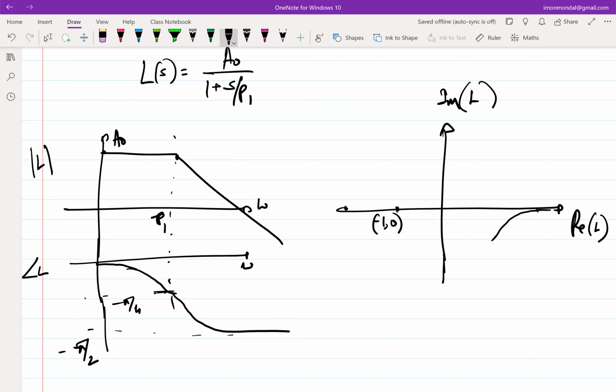To figure out whether we are near to it or not, we have to make one observation: this is a monotonically decreasing function. Mod of L is monotonically decreasing, which means if I draw a circle with radius 1, once it goes inside the circle, from whatever direction, it cannot come out.